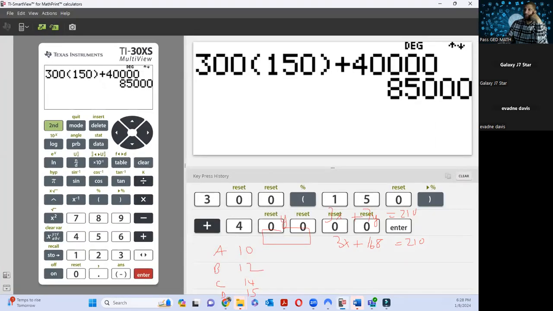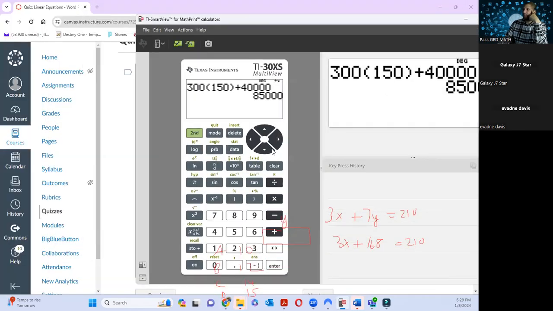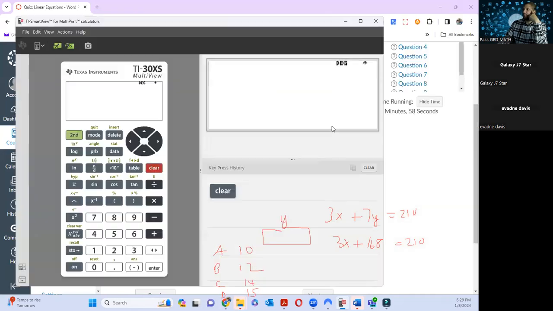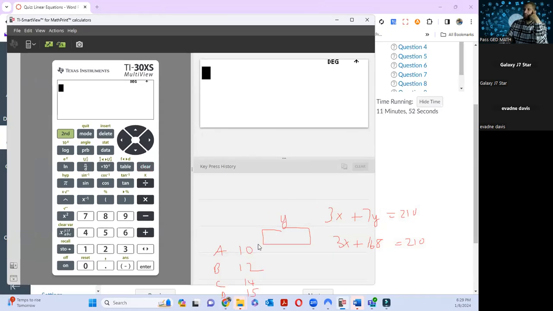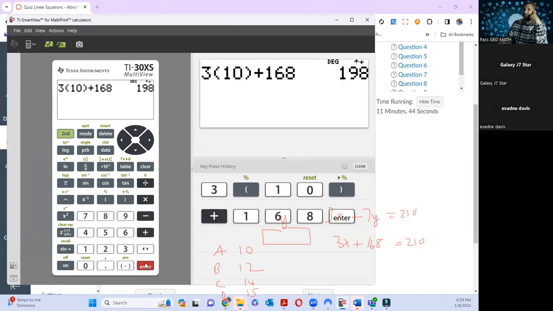So we can just plug each one of these in and see if we get 210. Let me show you exactly what I'm talking about. You don't even have to worry about all the algebra in this problem. The first multiple choice is 10. So 3 times 10 plus 168. Did I get 210?